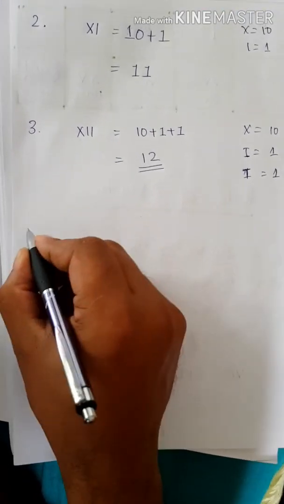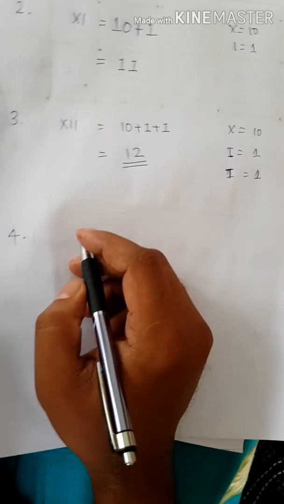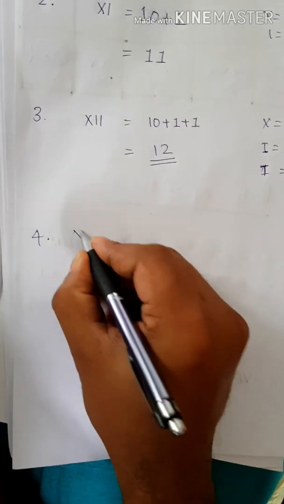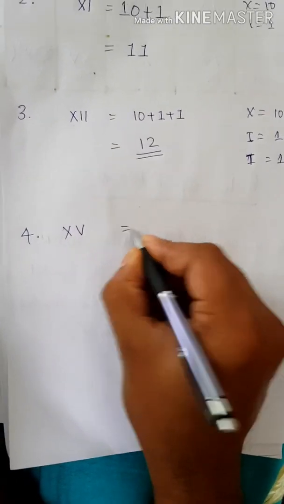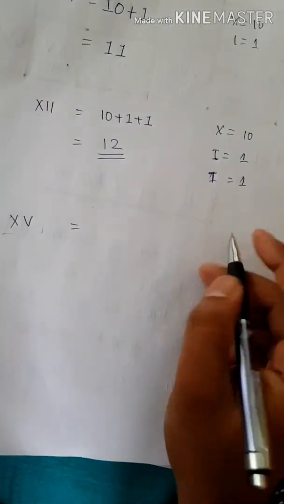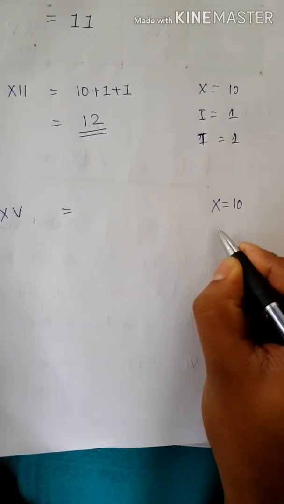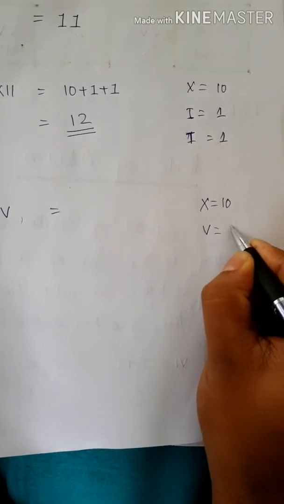Okay, students, one more example I give you. Example 4. X V. We know that X stands for 10 and V stands for 5.